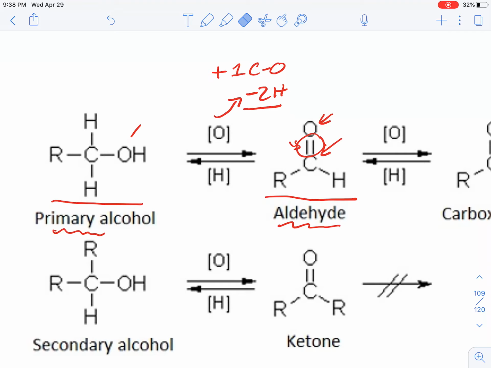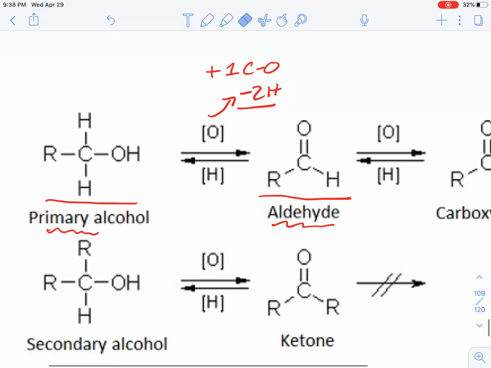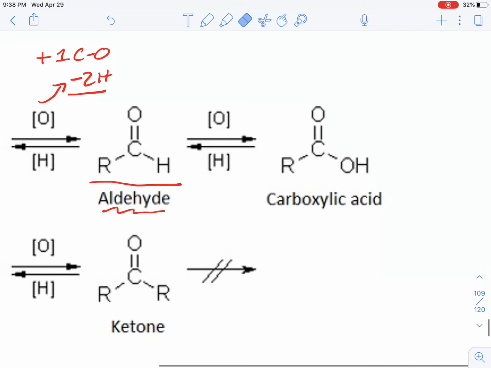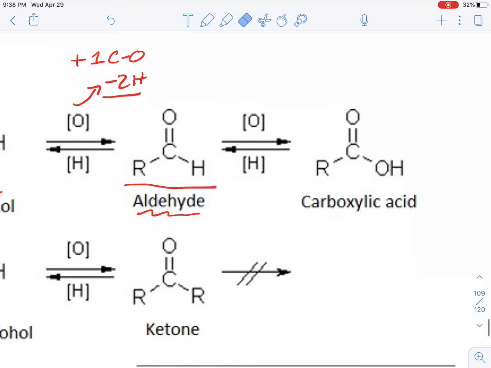Now, if we're looking at aldehydes and carboxylic acids, I want you to notice the same idea: the number of hydrogens and the number of bonds between carbon and oxygen. Here I'm going from two bonds between carbon and oxygen to three bonds between carbon and oxygen.